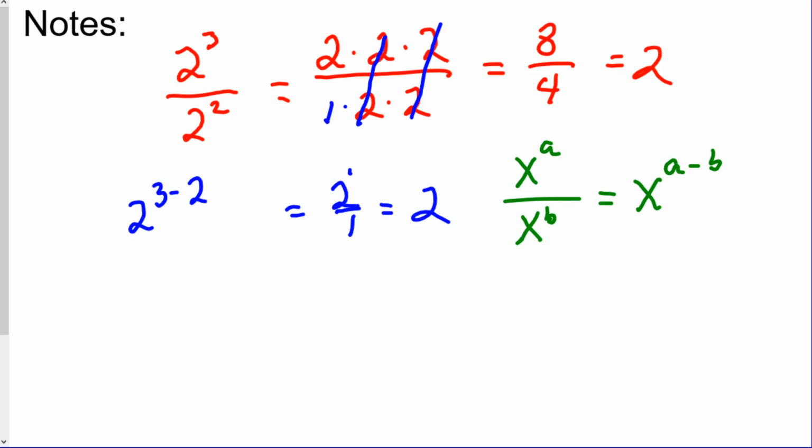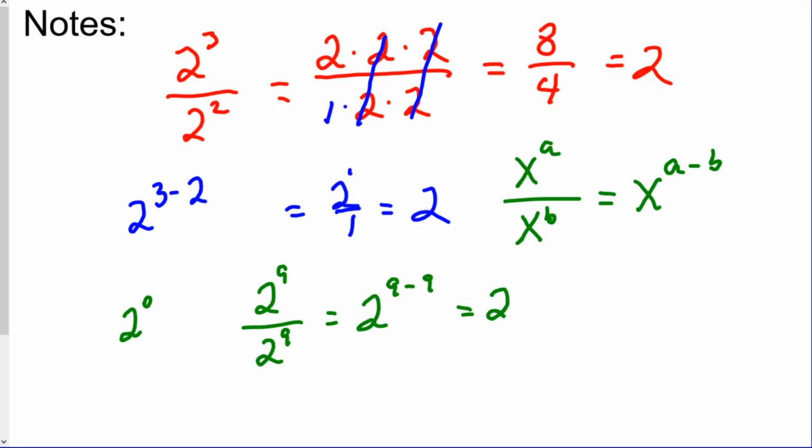All right, if you remember way back when we talked about 2 to the power of 0, for example, and I told you that anything to the 0 power was 1, here's why. If we had 2 to the 9th power, let's just pick a big number, divided by 2 to the 9th power, and we use the property that we just learned, 2 to the 9th power minus 9. 9 minus 9 is 0, so we get 2 to the 0 power.